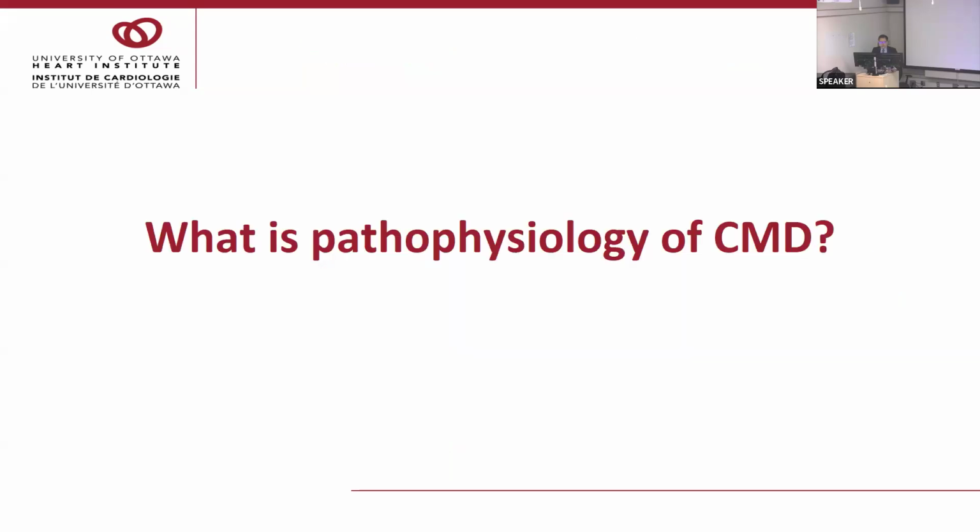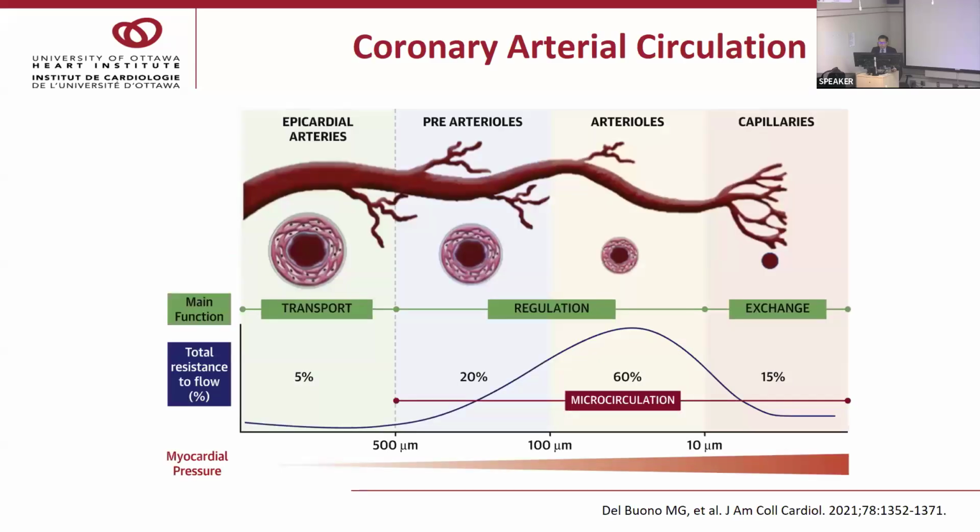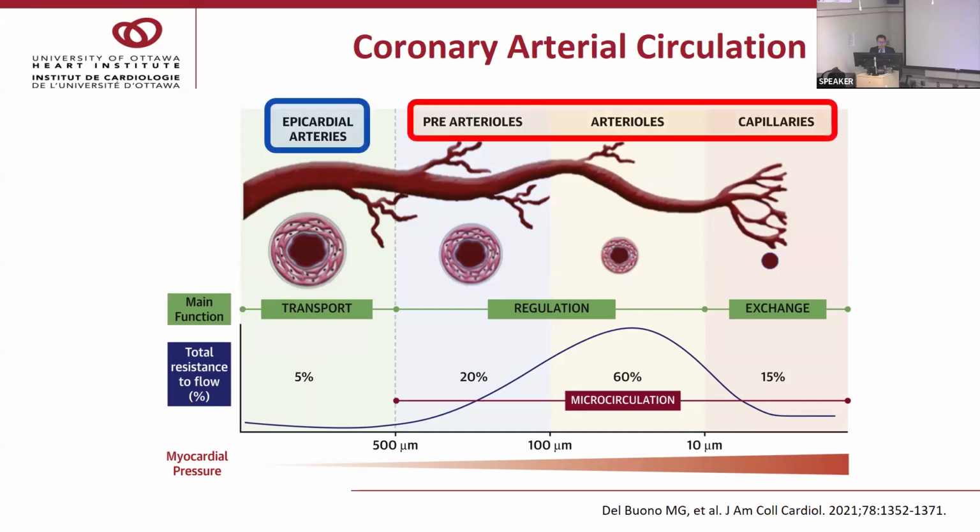Then what is the pathophysiology of CMD? So coronary circulation consists of two main components, the epicardial arteries and the microvasculature. Epicardial arteries are the conductance arteries, typically larger than 500 micrometers in diameter.